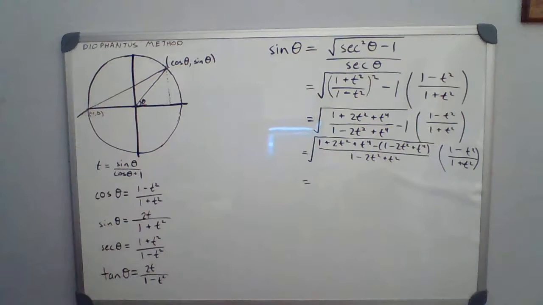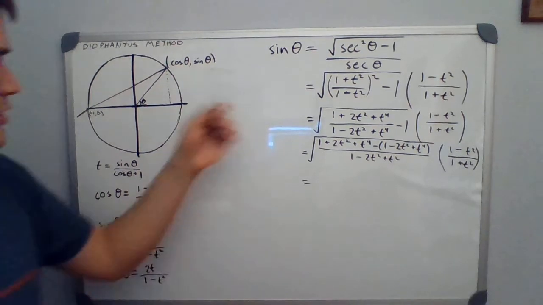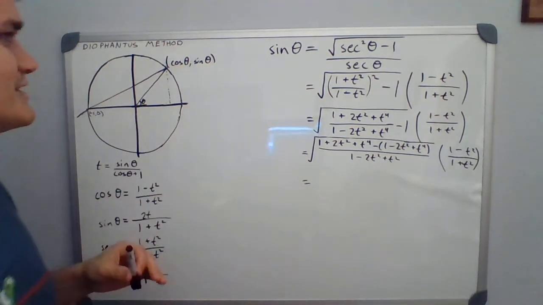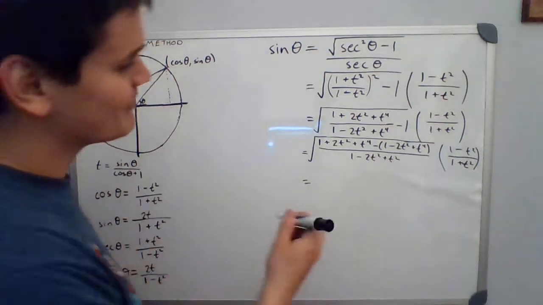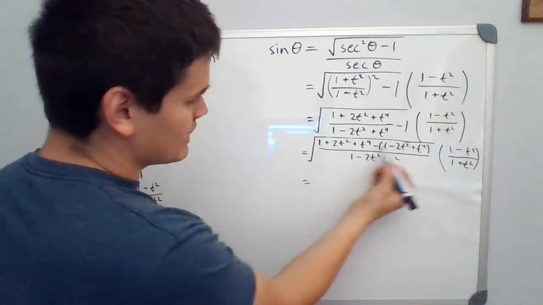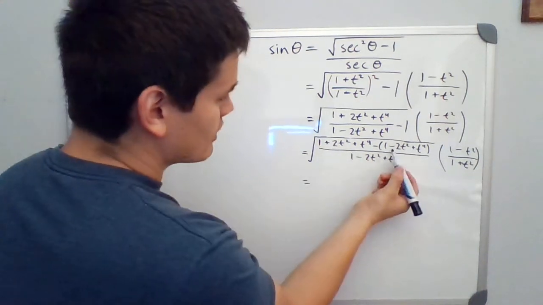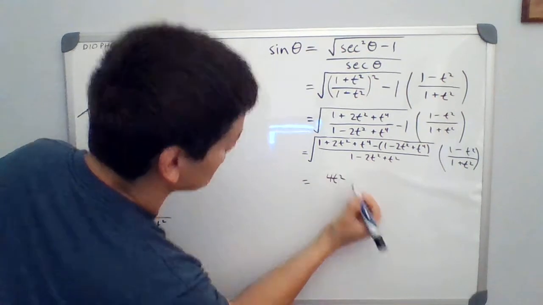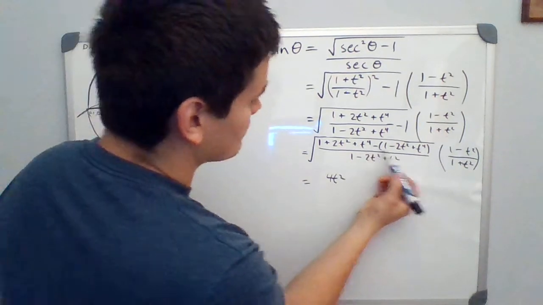Okay, so this kind of proof probably isn't recommended here. I don't really know what the geometric proof looks like for this, but it's probably easier than this. But let's just continue on here. So that's 1 minus 1, 2t squared plus 2t squared. So I know I'm going to have a 4t squared. And then t to the fourth minus t to the fourth.